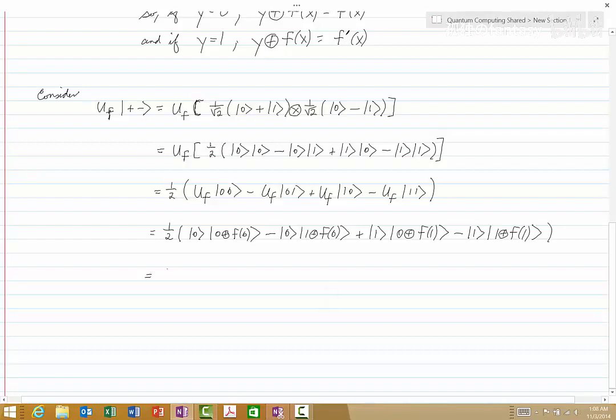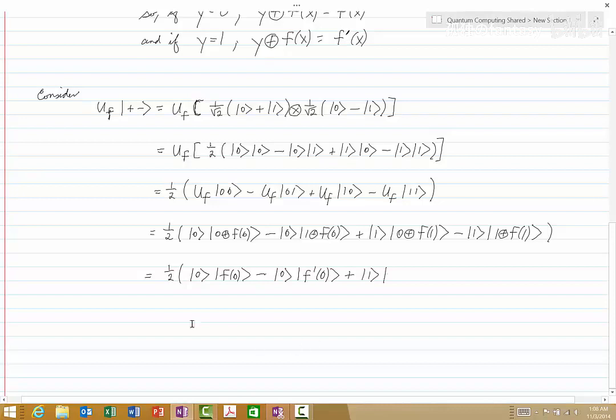Now, what does this give us? Okay, remember, 0 exclusive or f of 0 will just be f of 0. So we'll have 0, f of 0, minus 0, and 1 exclusive or f of 0 would be f prime of 0. F prime of 0, plus 1.